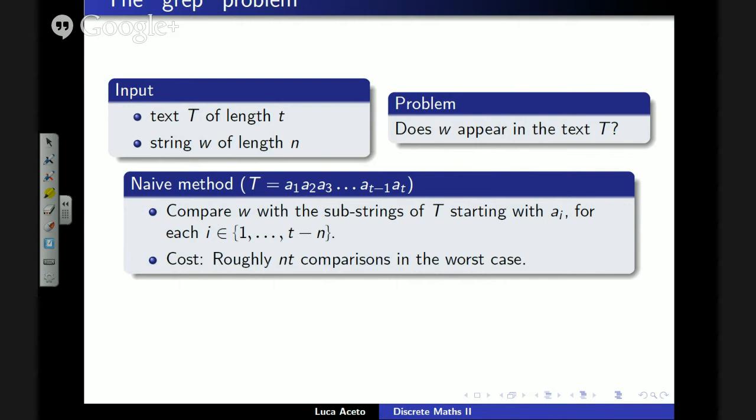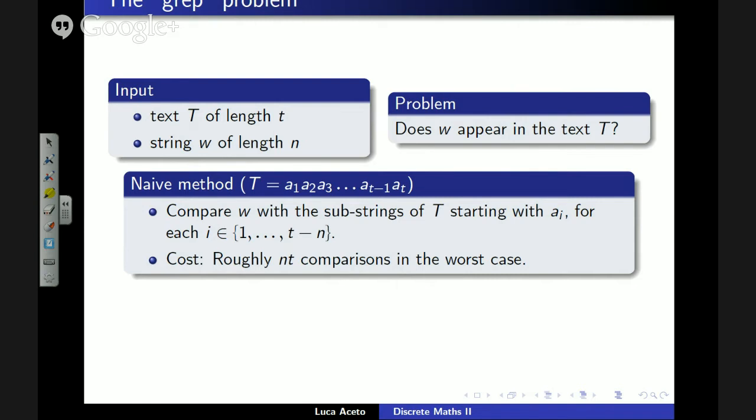The last position at which it makes sense to start looking for the pattern W is the position t minus n, because W is of length n. If you haven't found it by that point, you're not going to find it later, because anything that starts later than that position is too short to be W.